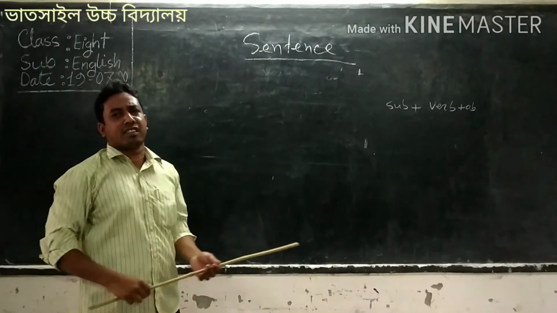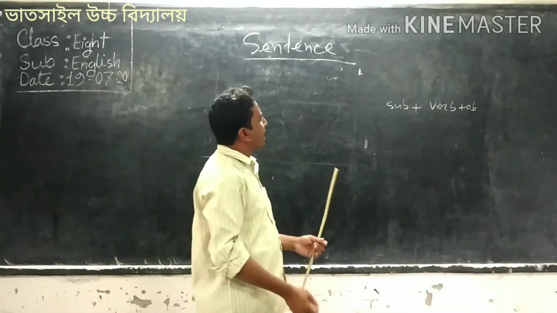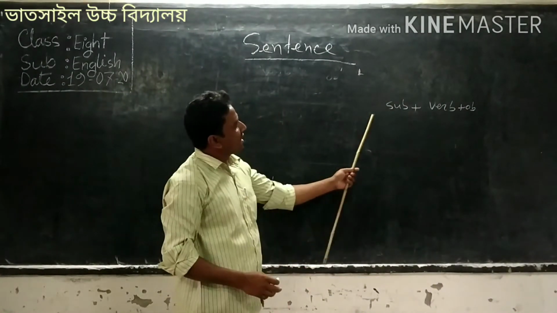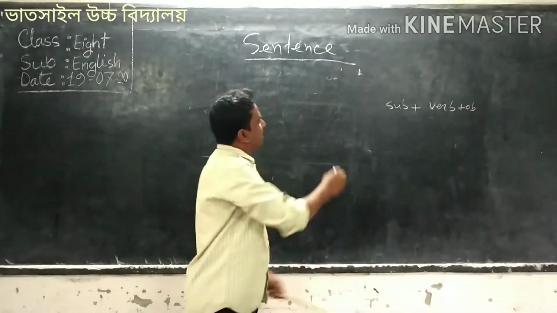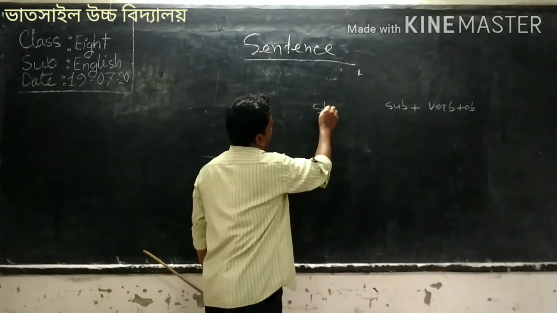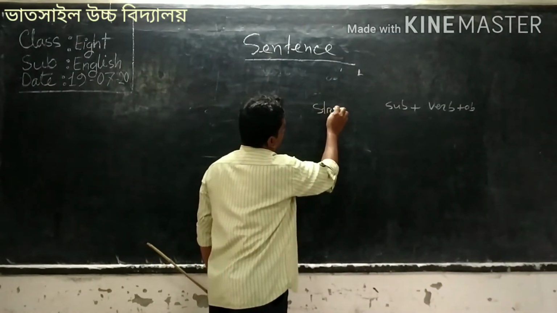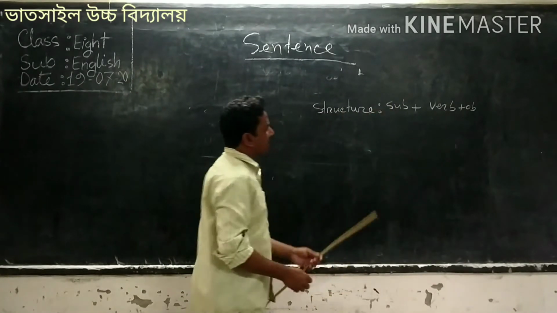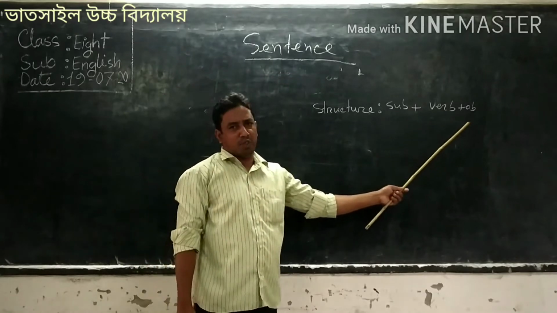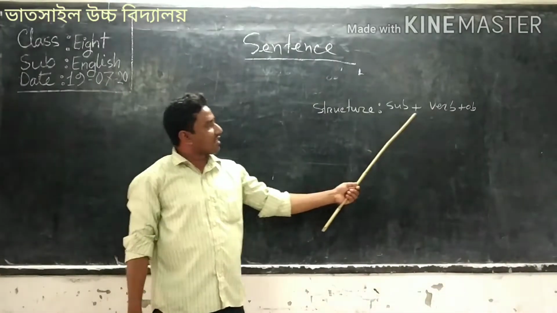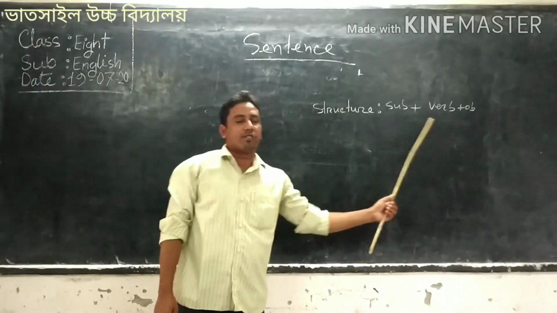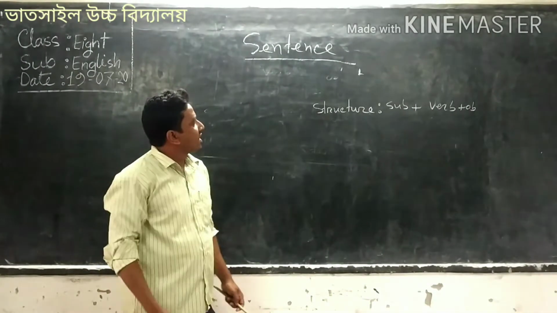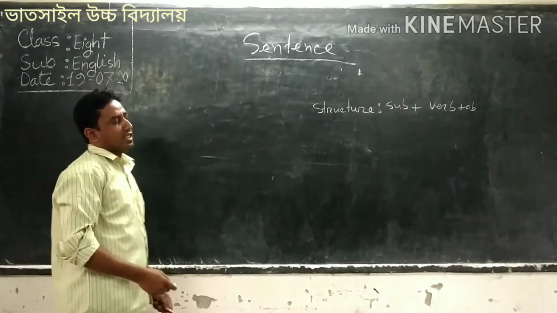An English sentence, this is the structure of an English sentence. Subject, verb, object. This is the structure of the English sentence. In this way, I am writing a sentence.